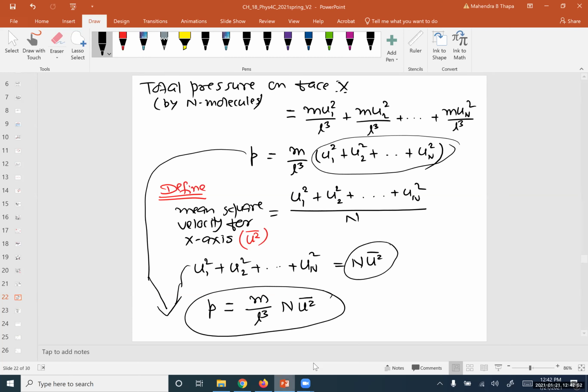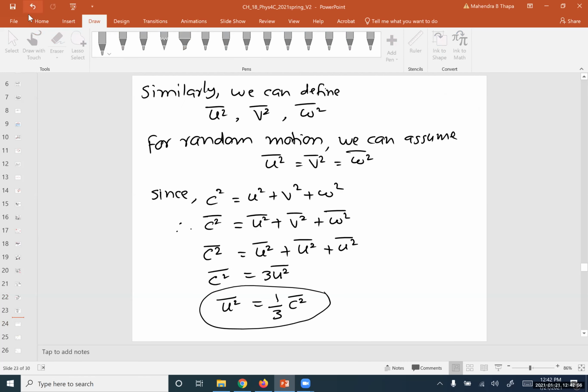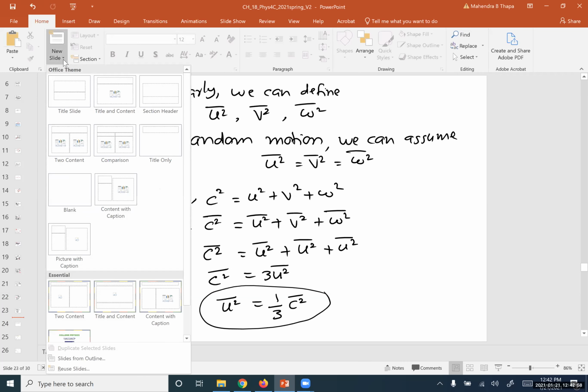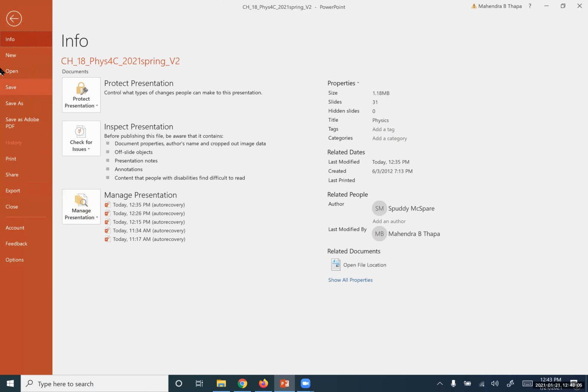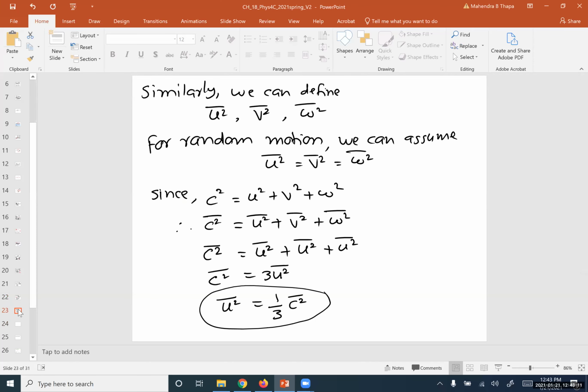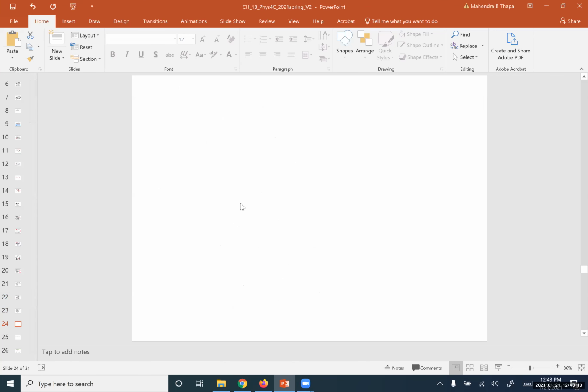Now I need to plug this value into this part. Okay, so let's combine these two equations.